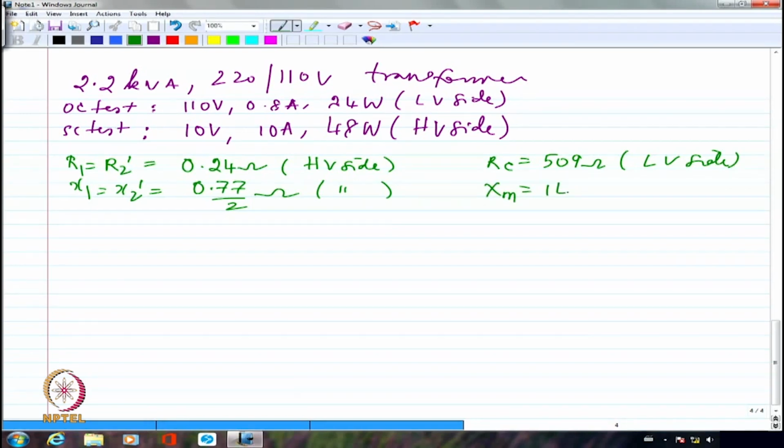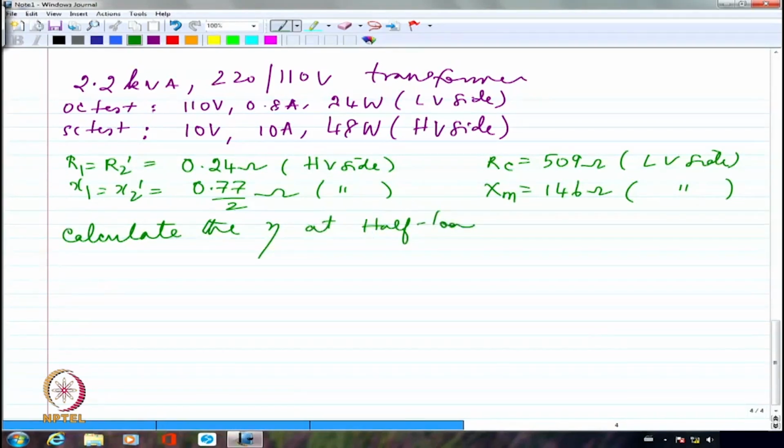Fine. Now, the next question that is being asked is, calculate the efficiency at half load and unity power factor. Okay.